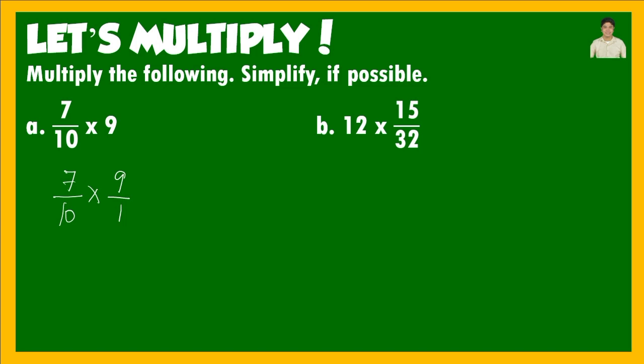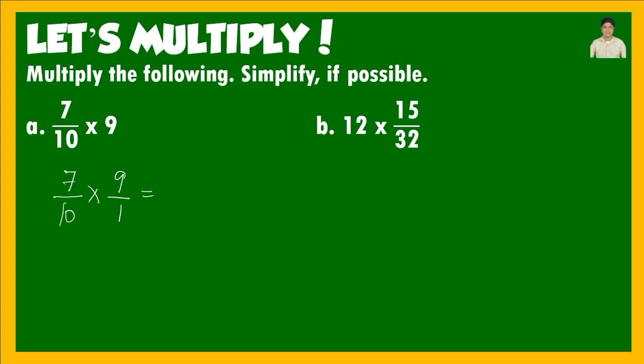Kasi 9 divided by 1 or 9/1, that is equal to 9. Kasi kapag 9/3, ginawa nating denominator is 3, hindi na po magiging 9 yun. Magiging 3 na siya. Mahahati siya sa 3. Now, so, apply natin yung cancellation. Hindi siya possible kasi wala namang common factors.